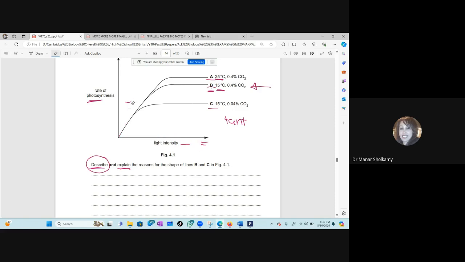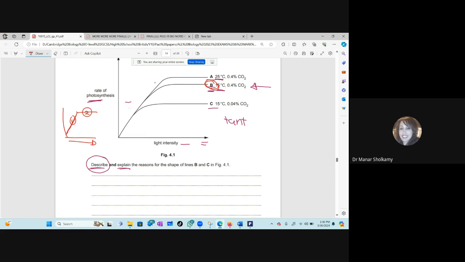So let's go back to B. I will describe and explain. Describe means I'm going to describe the shape of the graph. And if the graph has numbers, I will write numbers. So at B, the shape of the graph looks like this. It increases and then levels off. So I'm going to break it down to 2 parts, part 1 and part 2. Part 1, I will say, as the light intensity is increasing, the rate of photosynthesis is increasing.